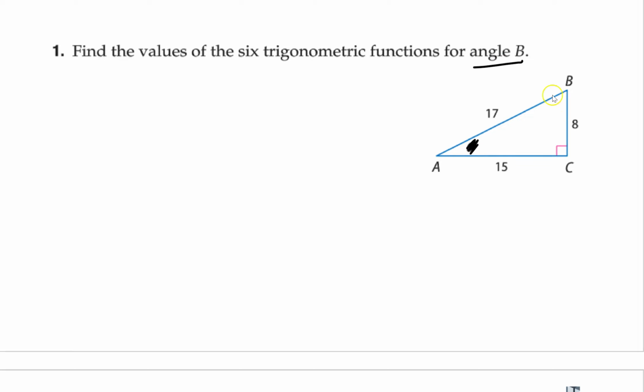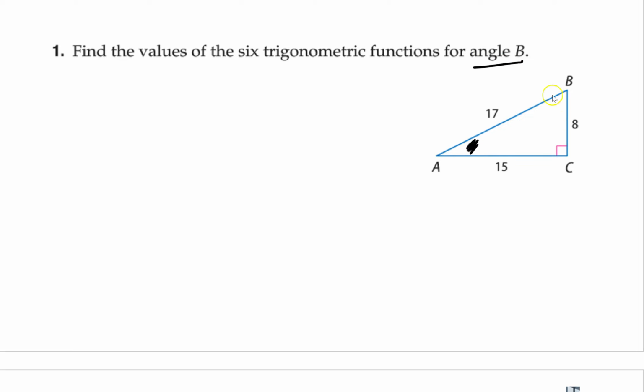But anyway, let's do sine. Sine is opposite over hypotenuse. So it's just 15 over 17. And since I know sine, cosecant is hypotenuse over opposite, so we just flip it and leave it like that. We like improper fractions. Cosine, adjacent over hypotenuse.